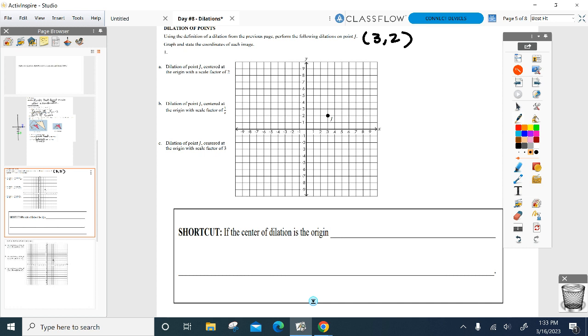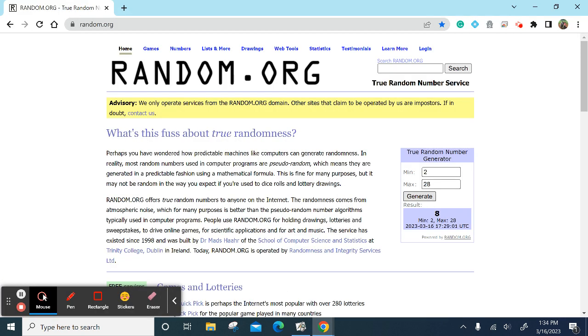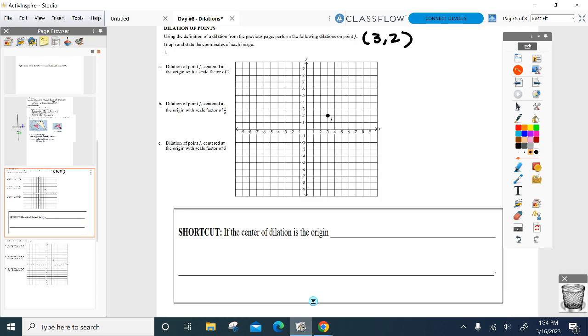So how do I figure out where J prime is? Ready? I keep mentioning the word distance. Good news, we're not going to use the distance here. We're going to use slope. So from the center, 0, 0, where we dilate around, how many up and over do I need to go to get to J? Up 2 over 3. Scale factor of 2, double that.